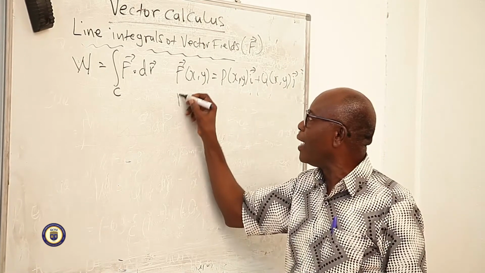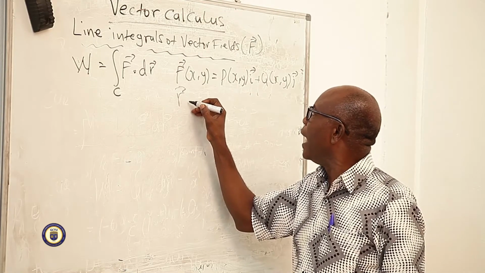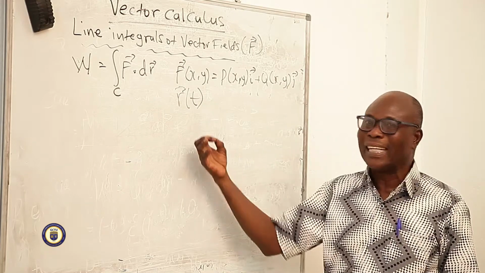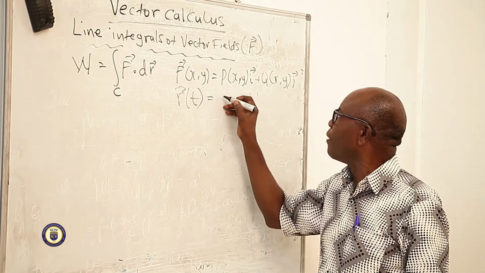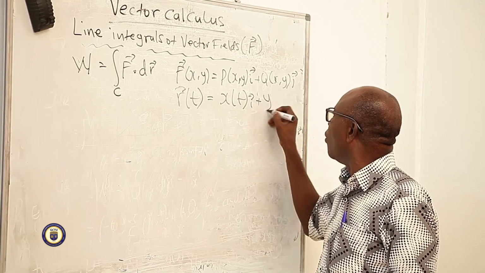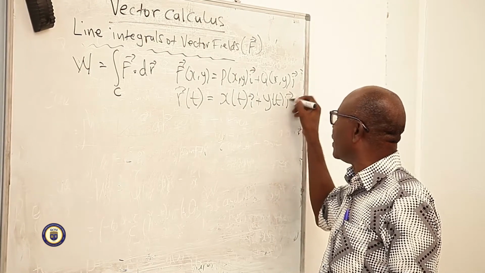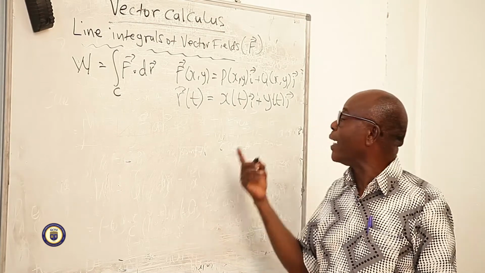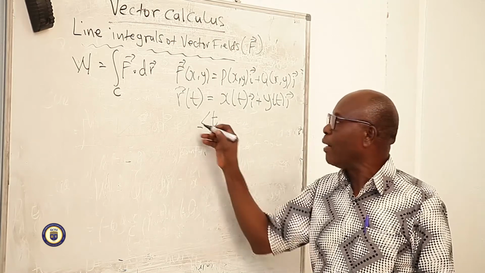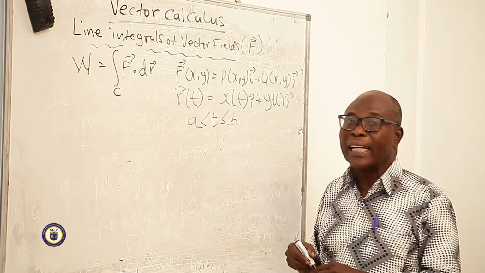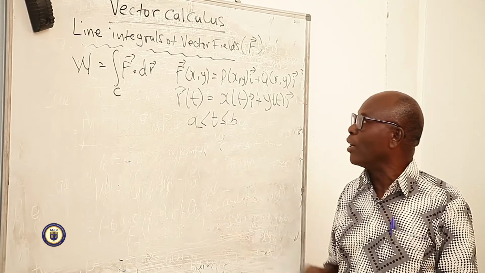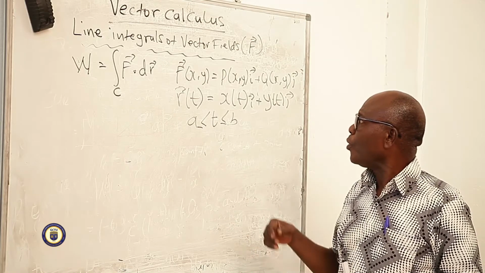And r is also defined in a certain parameter t, as x of t in the i direction plus y of t in the j direction. In this case, if you are using the parameter, then t lies within a certain range, a to b, where a is the start of the parameter and b is the end.